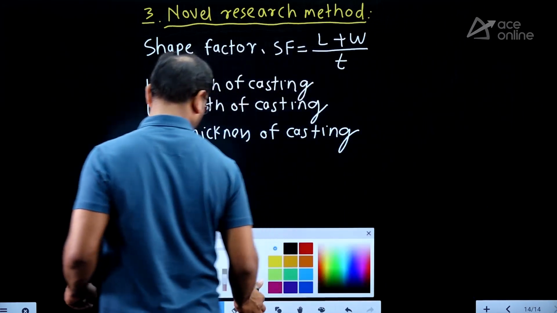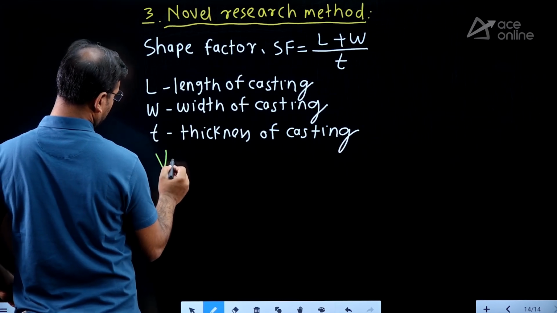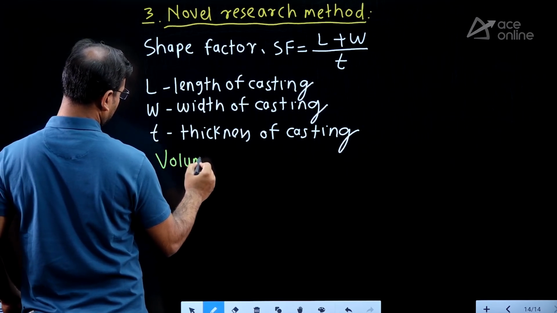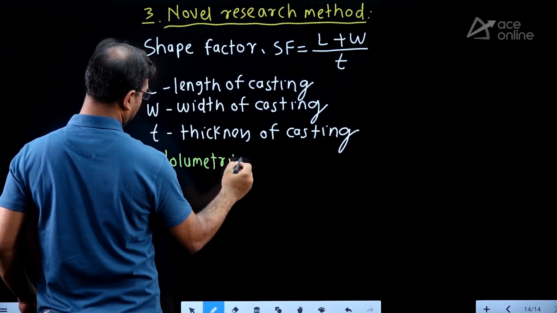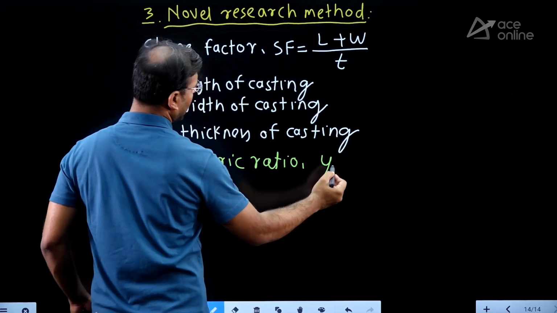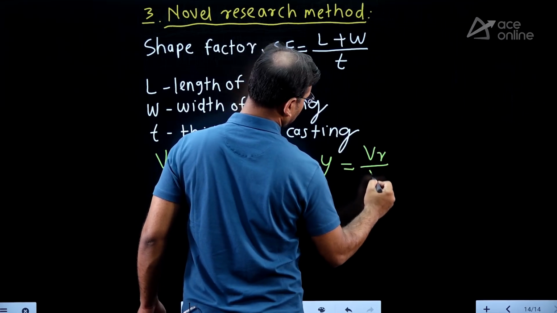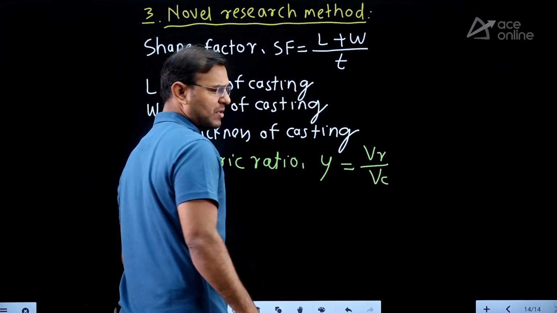Next here, the value of volumetric ratio. Y, the volumetric ratio, is equal to volume of riser divided by volume of casting.